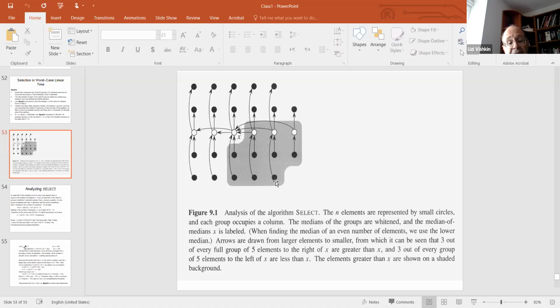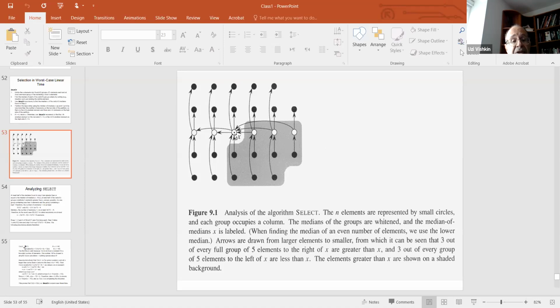Because every element here is larger than its median, and its median is larger than the median of medians. So by transitivity, all the elements in this area are larger than the median of medians. In a completely analogous fashion, all the elements in this quartile are guaranteed to be smaller than the median of medians.